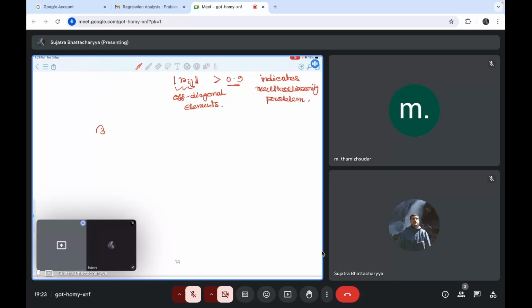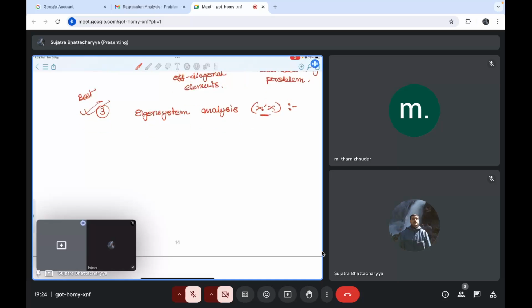The third, which is a very important and very useful detection technique, is the eigensystem analysis. Whenever it is required to detect multicollinearity, use this process. This is the best method. Always eigensystem analysis of X prime X, because here the inverse exists, and multicollinearity comes because of this inverse. We will do it in the practice problem.